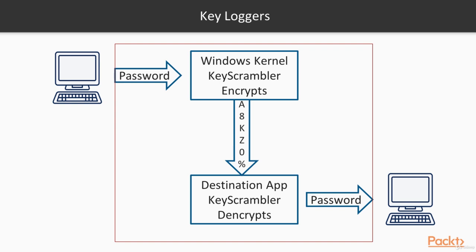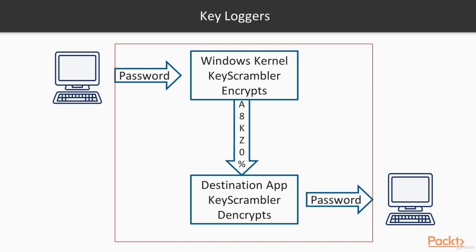First, you type something on your keyboard, and these keystrokes enter the Windows OS. Then KeyScrambler encrypts your keystrokes, and they go through the Windows OS in the encrypted state. So, even if a keylogger is installed on your machine and you aren't aware of that, the keylogger can intercept only some encrypted gibberish.